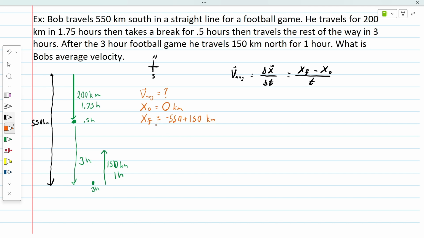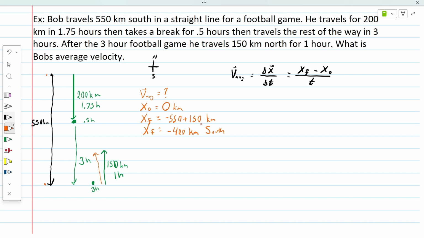That's the final position because he starts at 0 here, comes down a whole 550, and then goes up 150 right there. Okay. So if we solve that out, we'll get negative 400 kilometers. And what this negative means is basically south. But we'll keep it as negative for now, so that when we solve in our equation, that negative will take care of the direction.